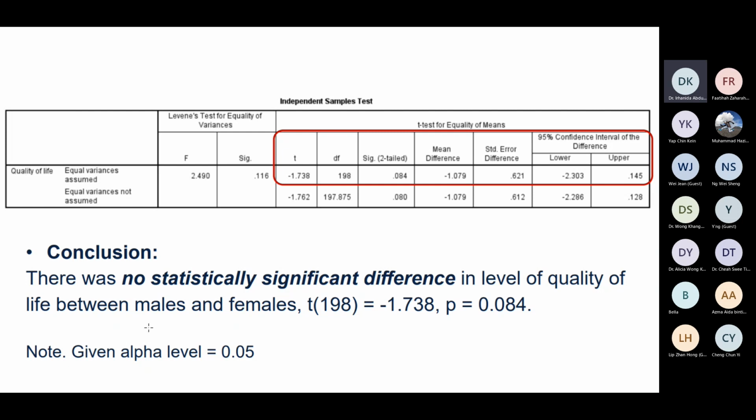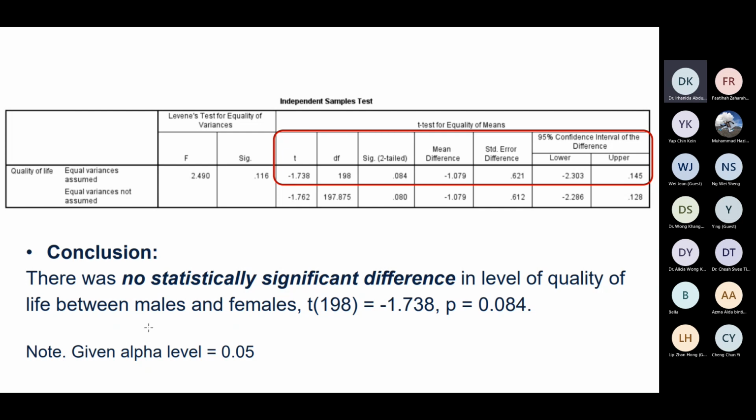So t is equal to negative 1.738, the df is equal to 198, and the p value, which is our sig value here, is 0.084. It's already more than 0.05.